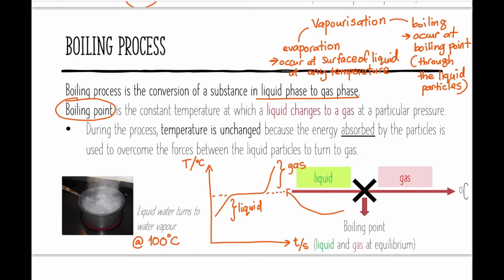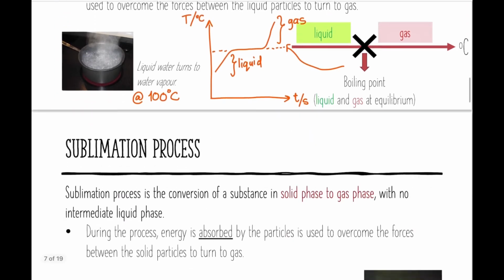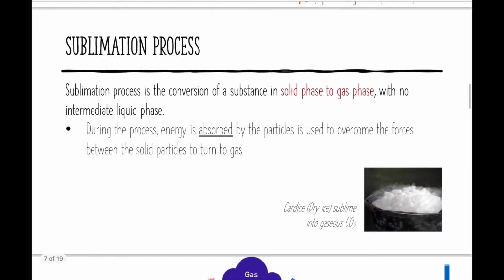Let's have a look at sublimation process. Sublimation process is the conversion of substance in solid phase to gas phase with no intermediate liquid phase. This means that the compound or the substance change from solid to gas without going to liquid phase first.